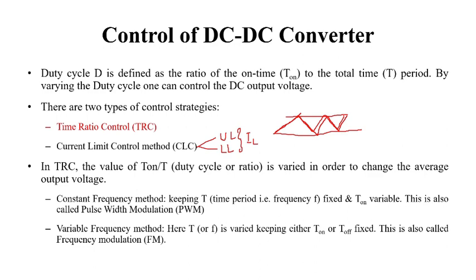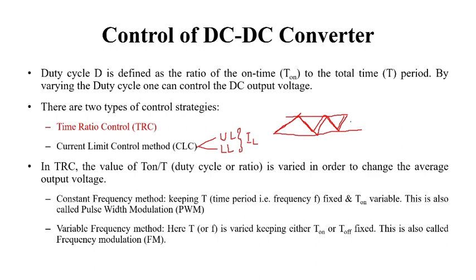In the constant frequency method, we keep the time period T or frequency constant, and we vary the T on. This is also known as pulse width modulation.